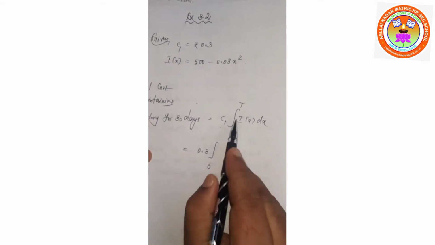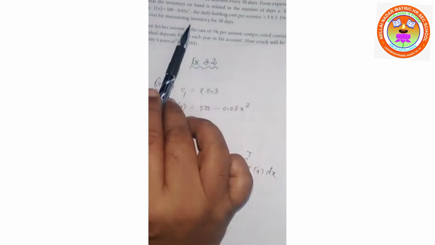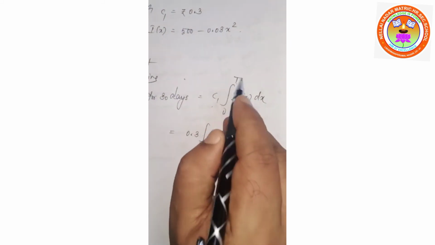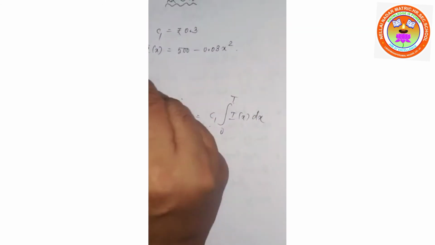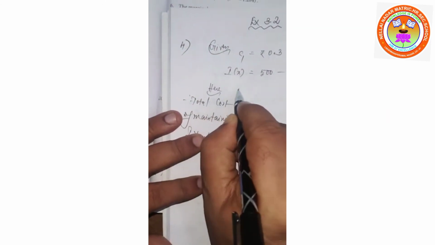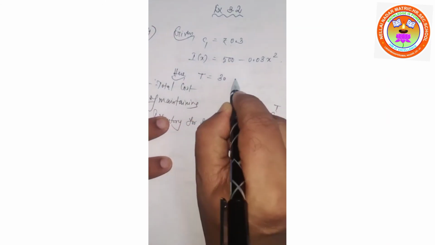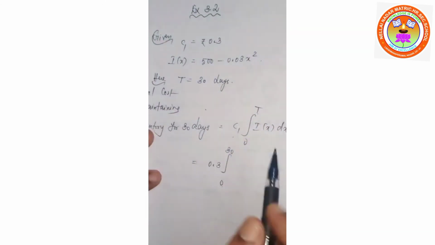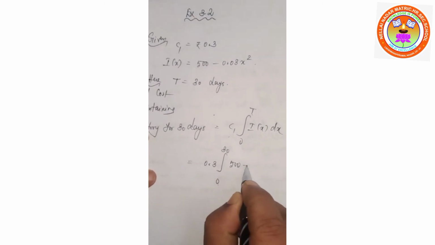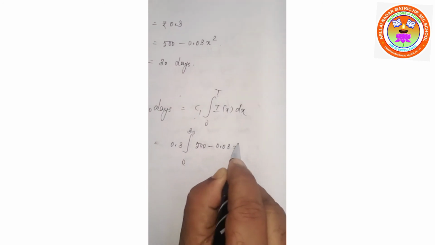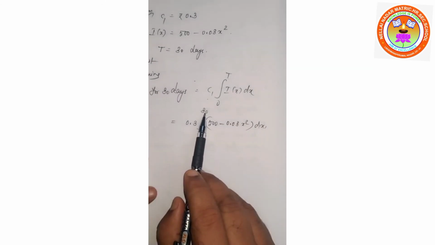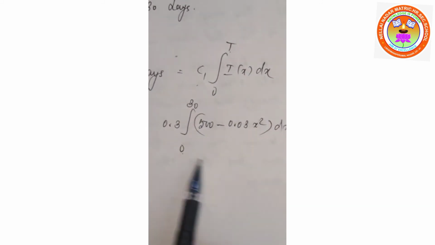Integral 0 to T, what is the time period? For 30 days. So the starting limit is 0, the ending one is 30 days. Here T is equal to 30. I of x is given, that is equal to 500 minus 0.03 x squared dx. Since you have limits, this is called a definite integral.